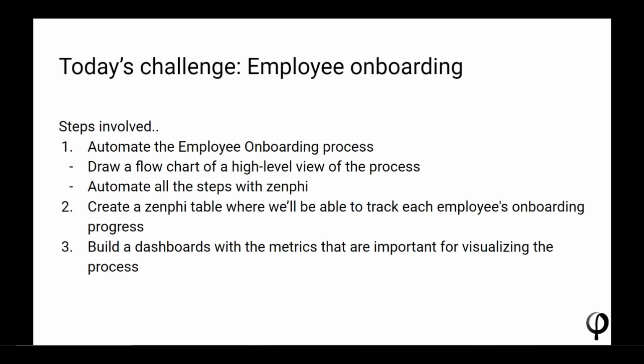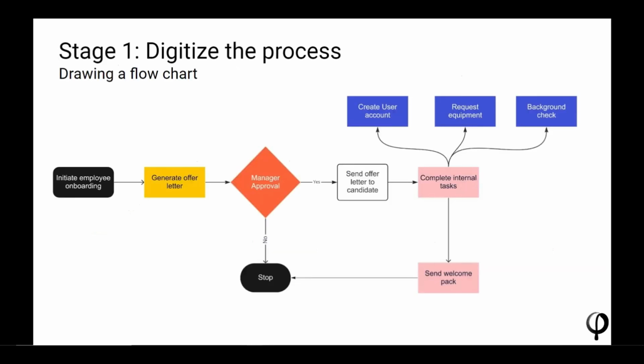Once we have successfully automated the process, we would like to get insights into the process so that we can answer questions like, what stage is Jane's application at? Or how many candidates are starting next month? For this, we'll be using Zenfi tables to track key metrics that are important for our process. And finally, we would like to visualize them using dashboards so others can easily interact with it and gain insights into the process.